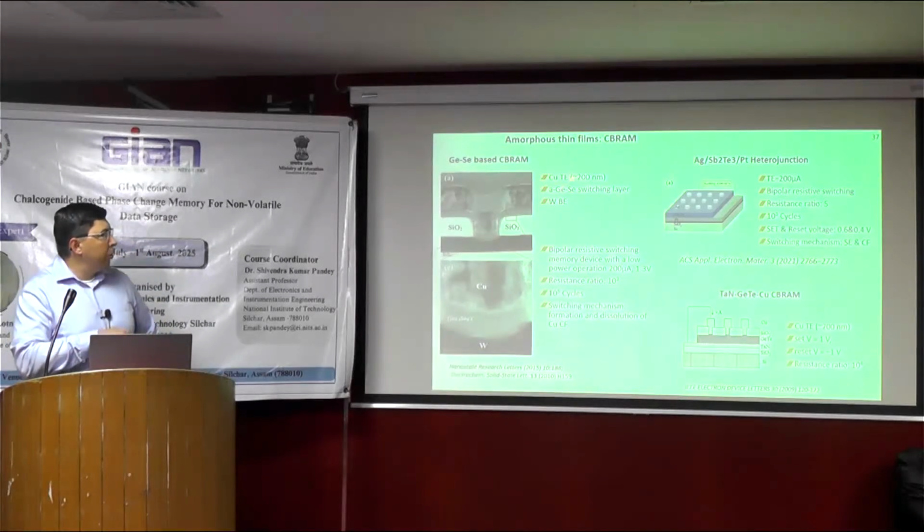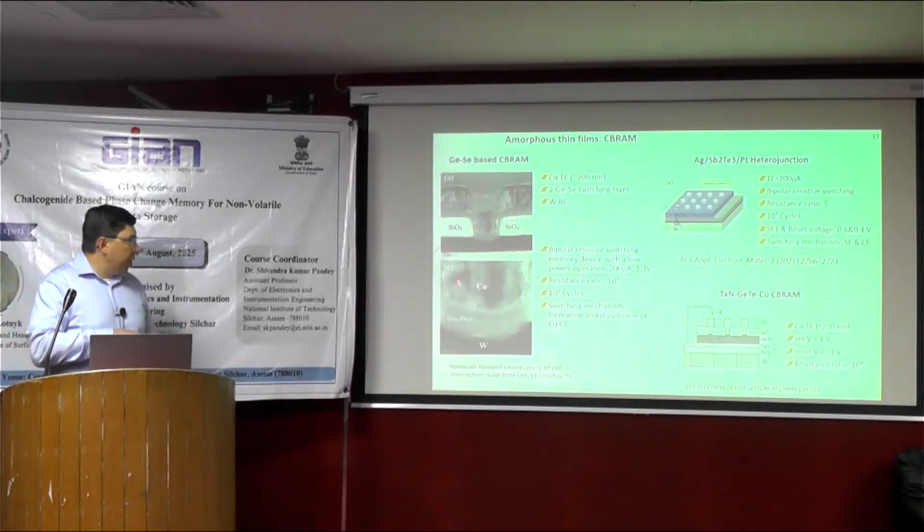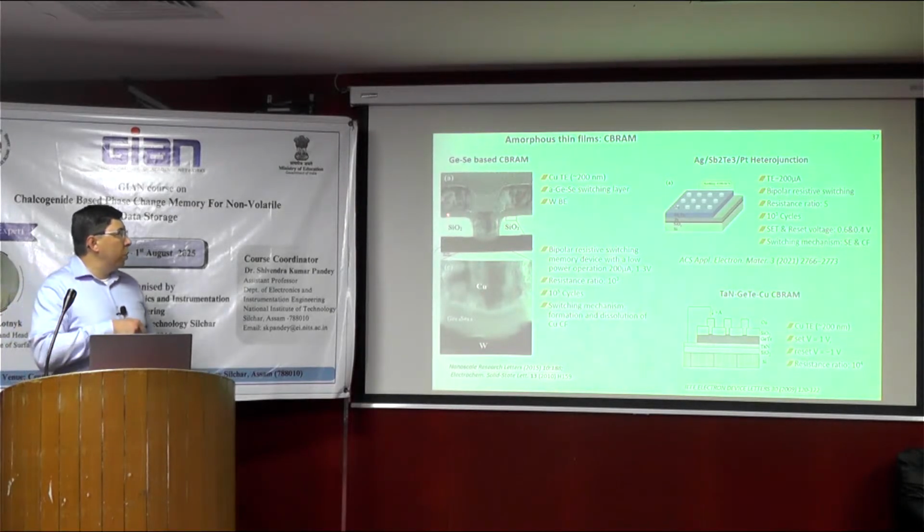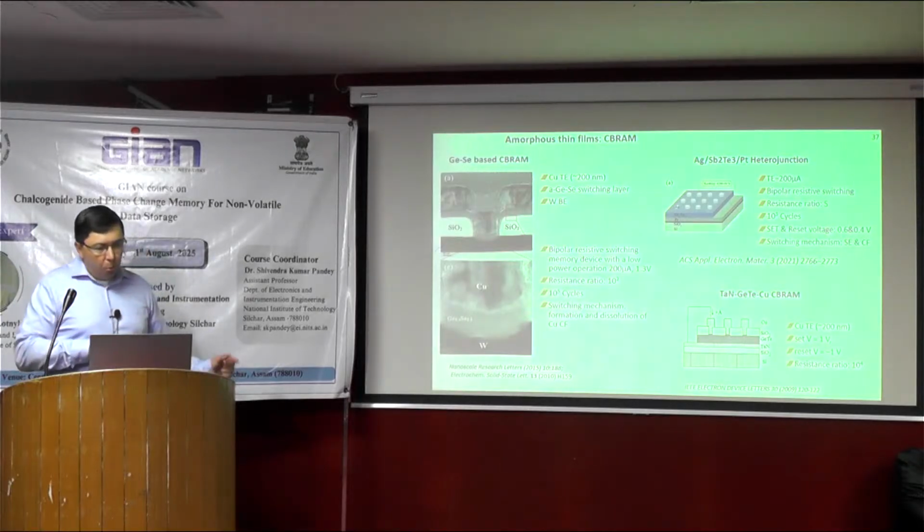One is based on a copper top electrode and a germanium selenide switching layer. So you see here copper, germanium selenide, and a tungsten electrode. The size of the top electrode was pretty large, 200 nanometer. Here you can operate this cell by bipolar switching.